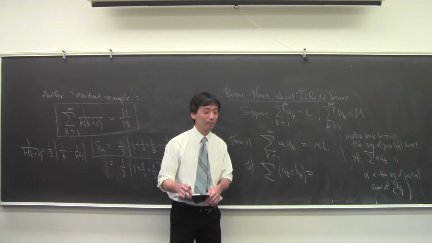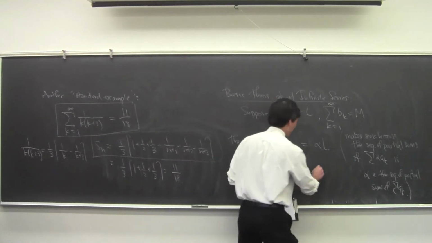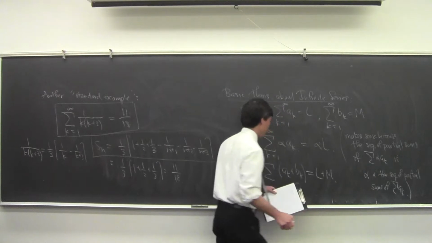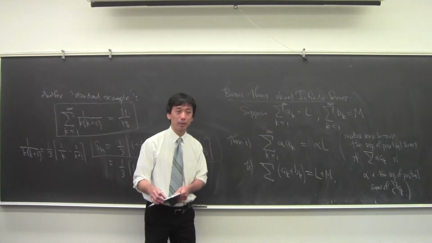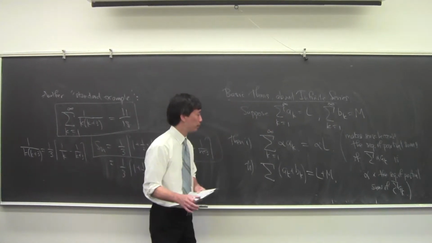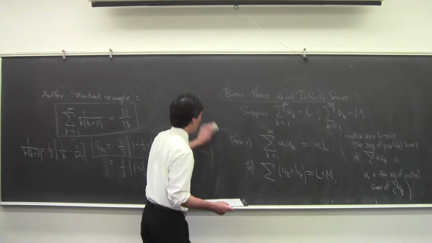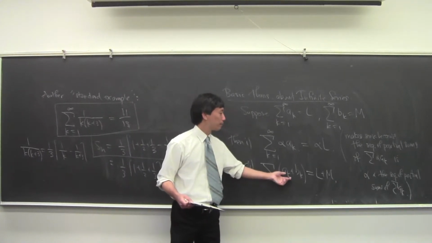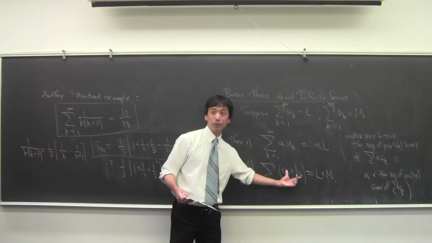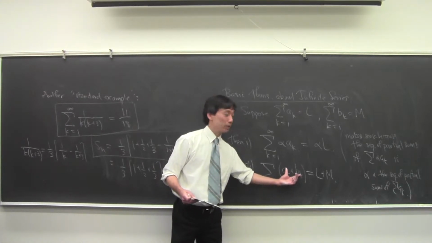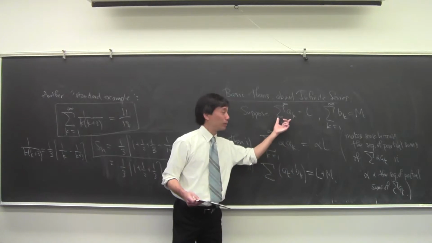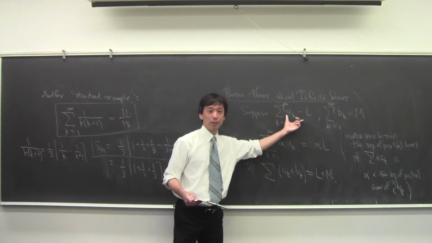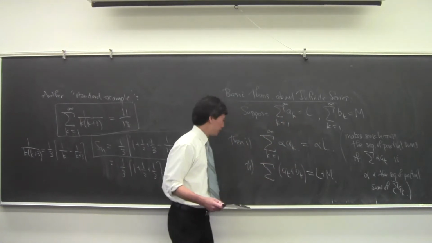Is it just L plus M? Yes, L plus M. And for the same reason, the sequence of partial sums of this is going to be the sum of the sequences of partial sums of these two guys, and so they'll converge to the sum.